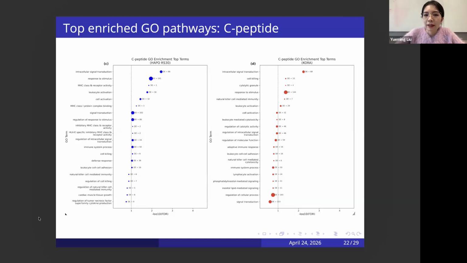Our analysis is based on cord blood profiles, so I would say the study results may be limited by the cord blood profiling. Yeah. Okay. Thank you.